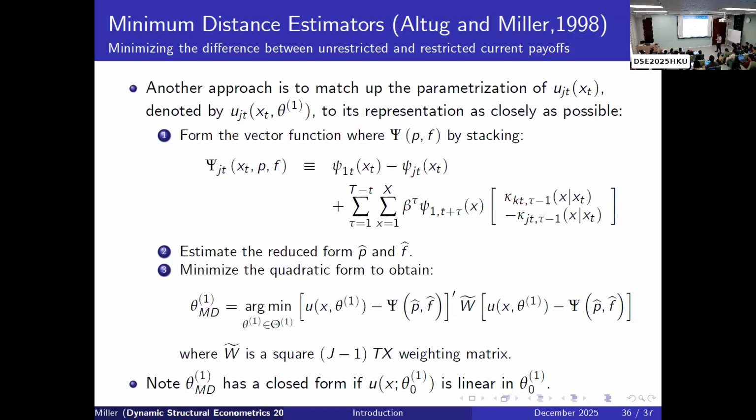Now, all we're doing is putting functional forms here on the unrestricted quadratic form, okay? And notice that this is a quadratic form, so if these things are linear, this means that this is going to be a linear estimation problem, okay? That's so that's how you would get a minimum distance estimator in this case.